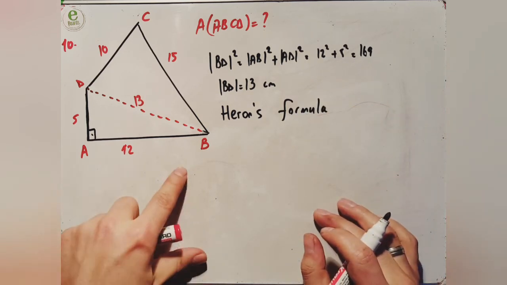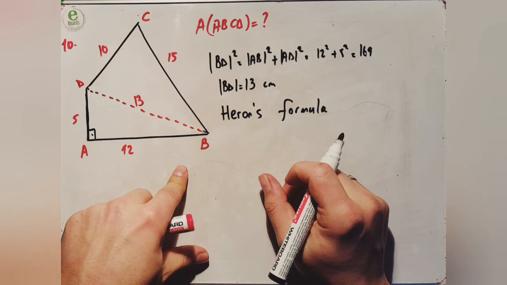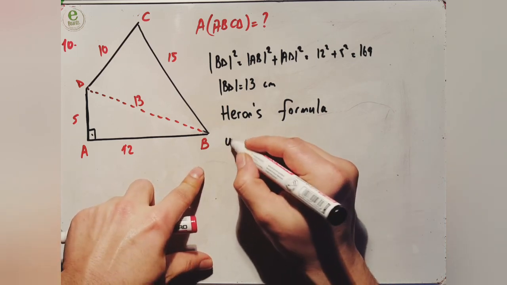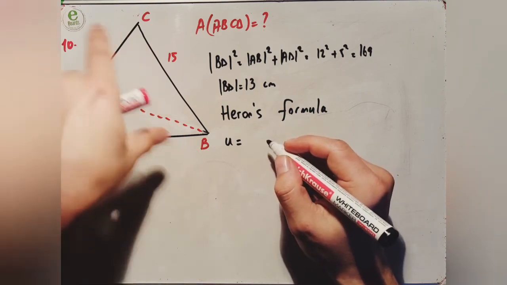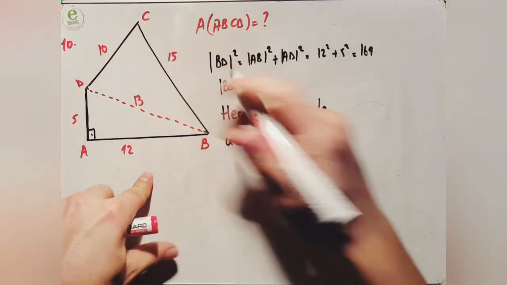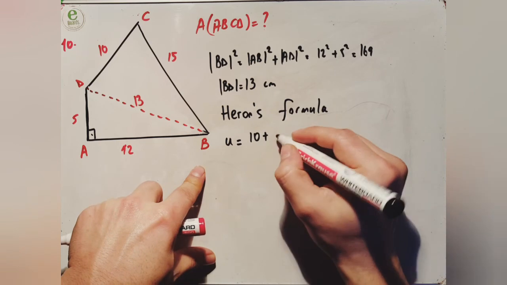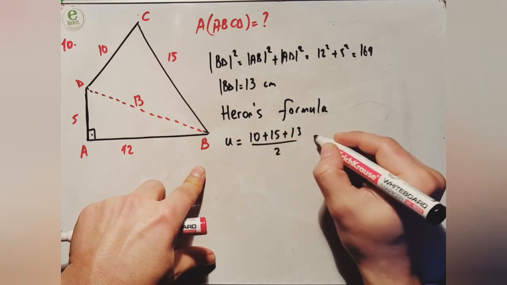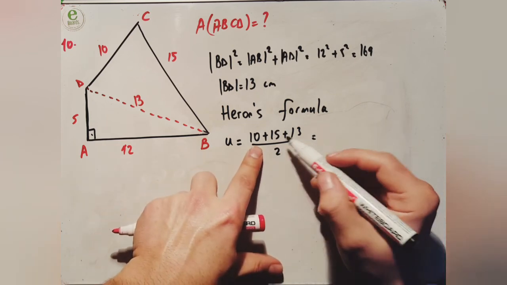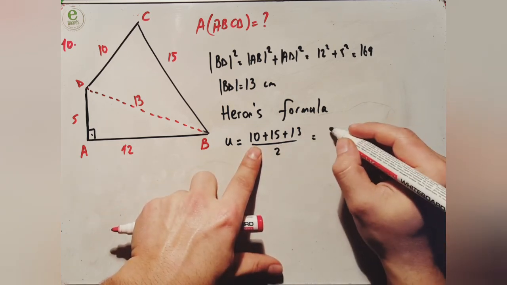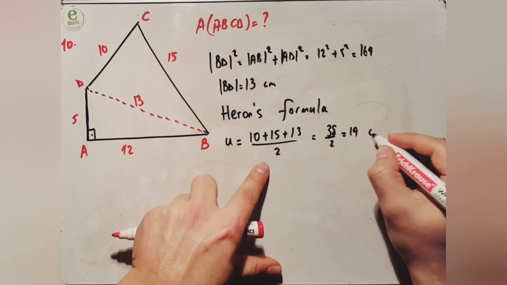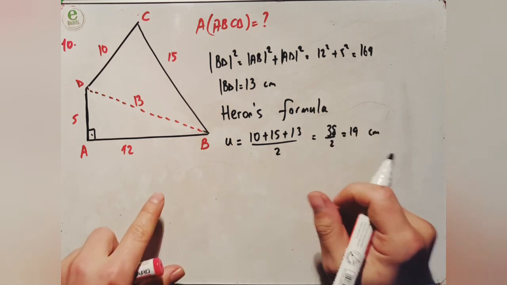According to Heron's formula, first we find the semi-perimeter U, which is half of the sides 10, 15 and 13. 10 plus 15 is 25 plus 13 is 38, over 2 is 19 centimeters.